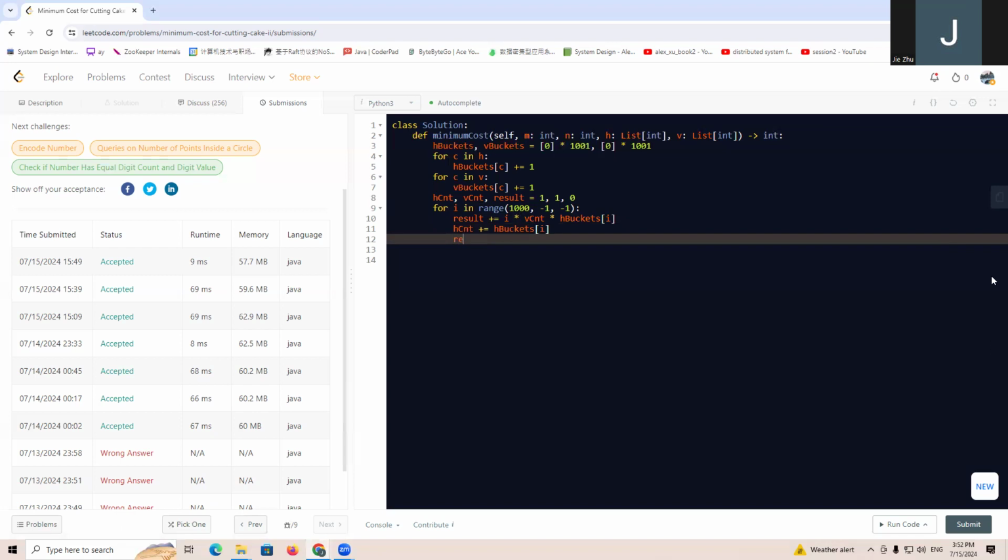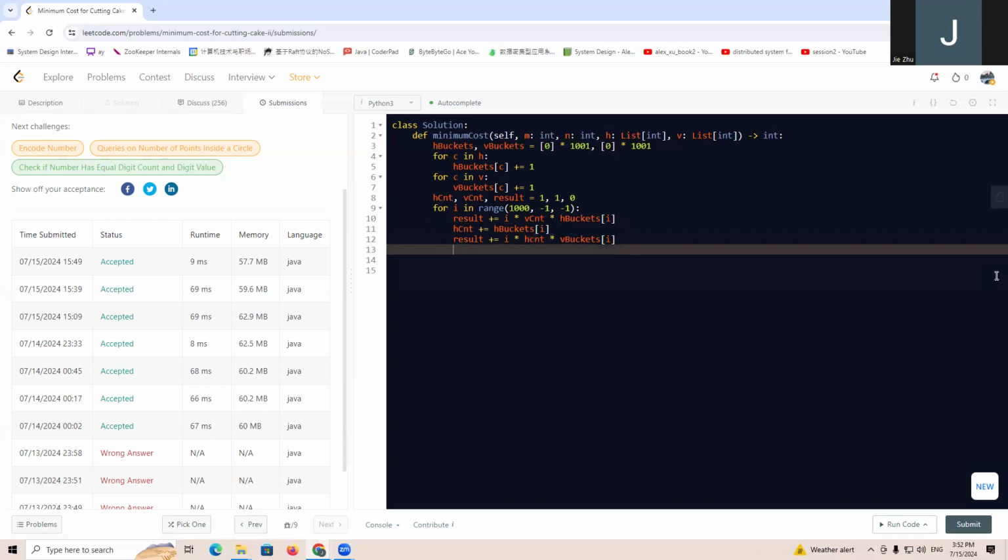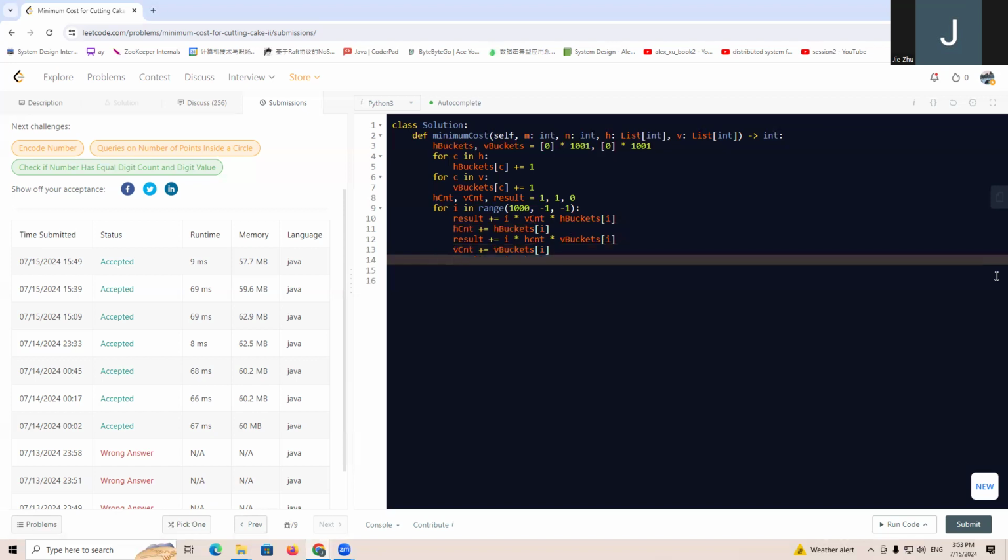And we'll also have result plus equal to i multiplied by horizontal count and multiplied by vertical bucket i. And we'll see V count plus equal to V bucket i. In the end, we just return result.